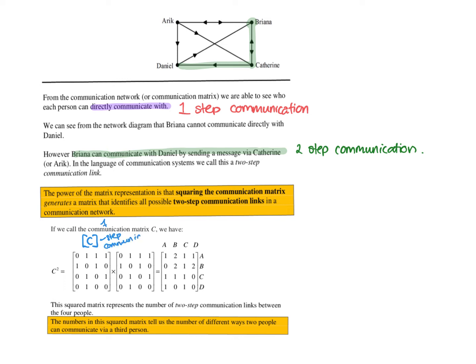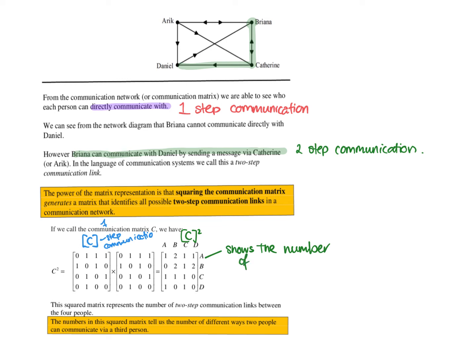And what they're showing you is if you square that, which means you multiply it by itself, you get this. Obviously this matrix here would be C squared.